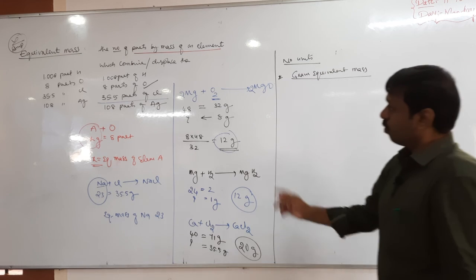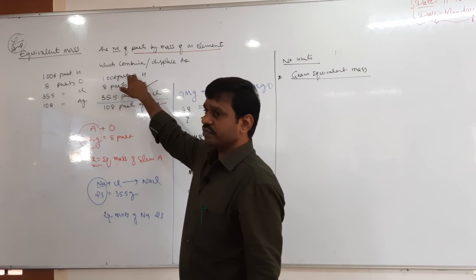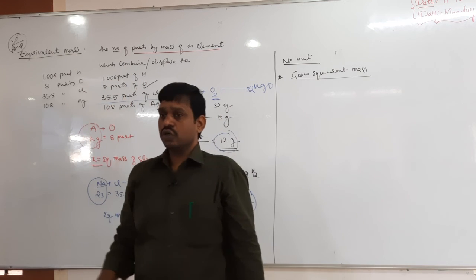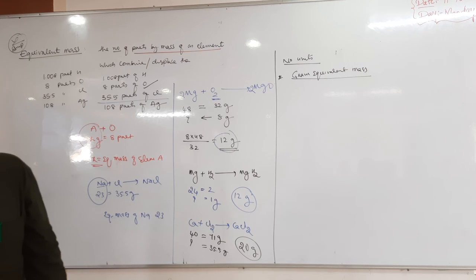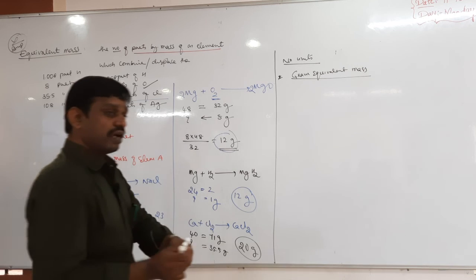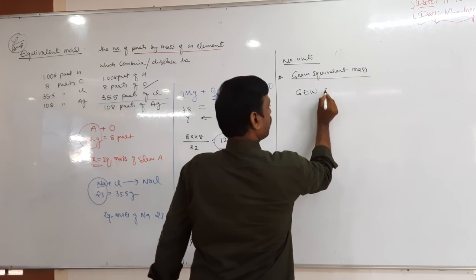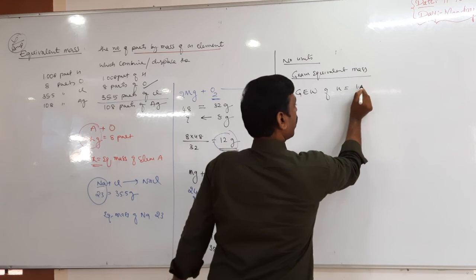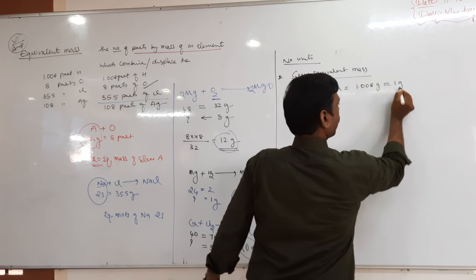For example, what is the equivalent mass of hydrogen? 1.008. Then what is the gram equivalent mass? 1.008 grams. So the gram equivalent mass of hydrogen equals 1.008 grams, which can be taken approximately as 1 gram.